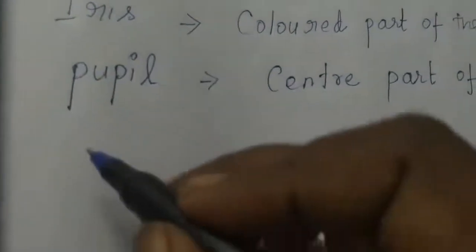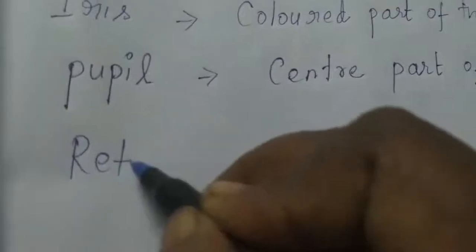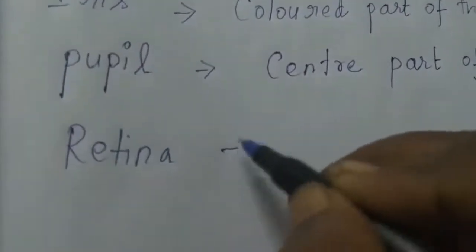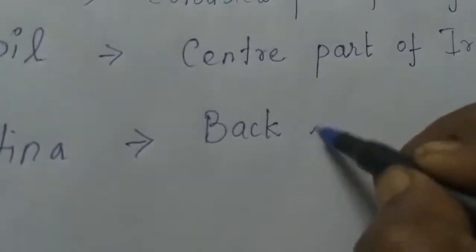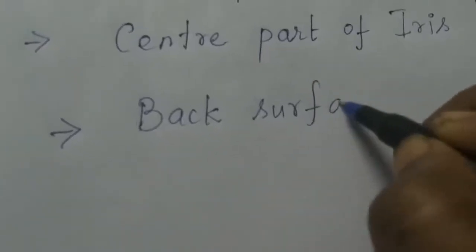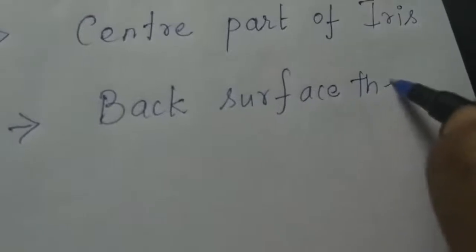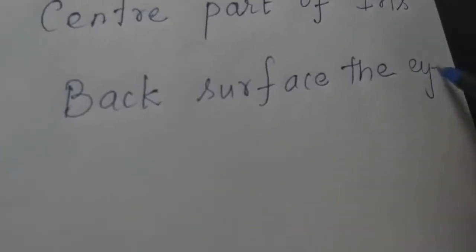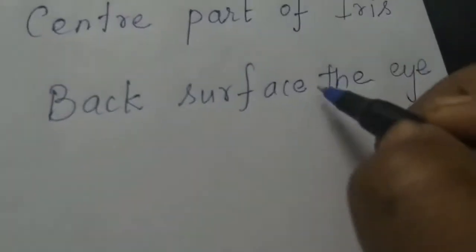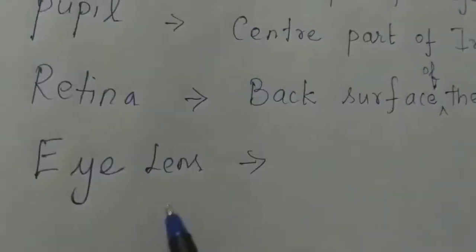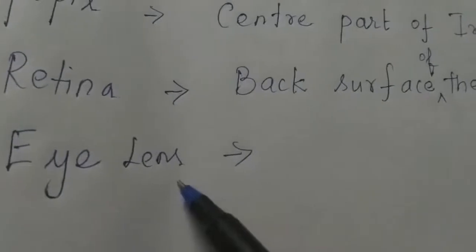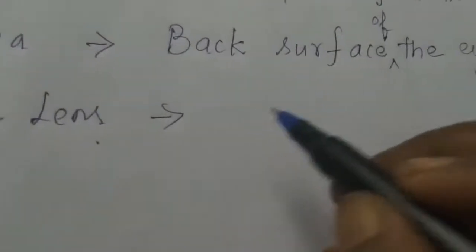And then retina. Retina is the back surface of the eye. Eye lens is an important part of the human eye.